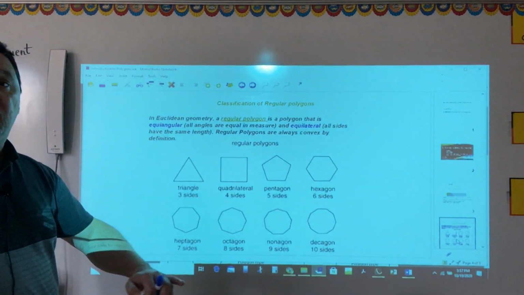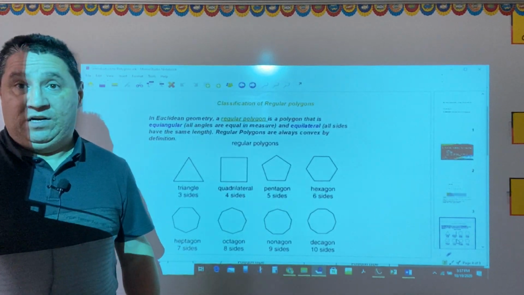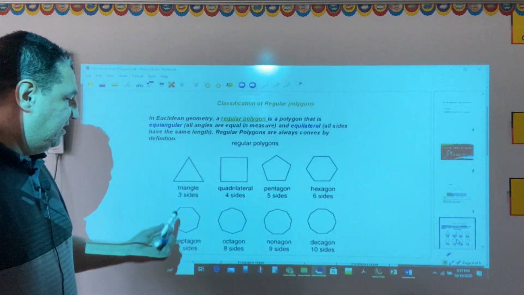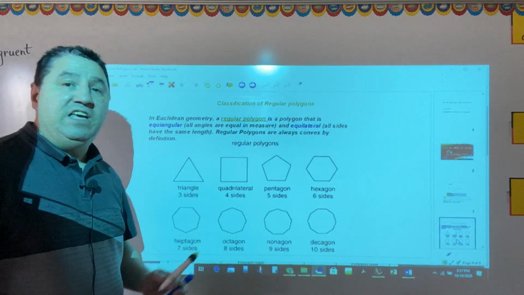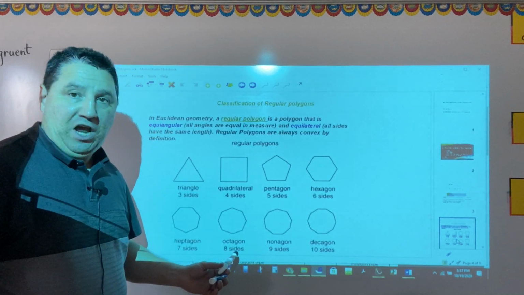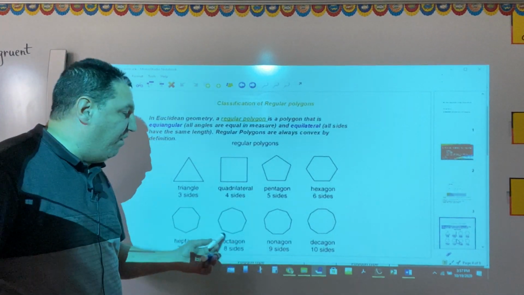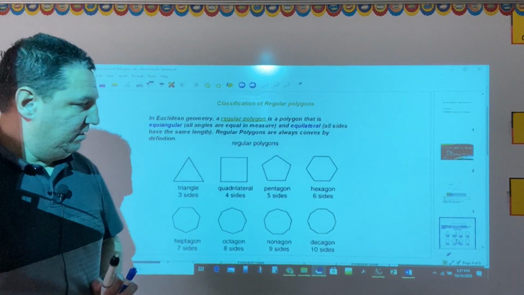A regular heptagon has seven congruent sides and seven congruent angles. Next, in increasing order, is octagon. An octagon is a polygon consisting of 8 congruent sides and 8 congruent angles.